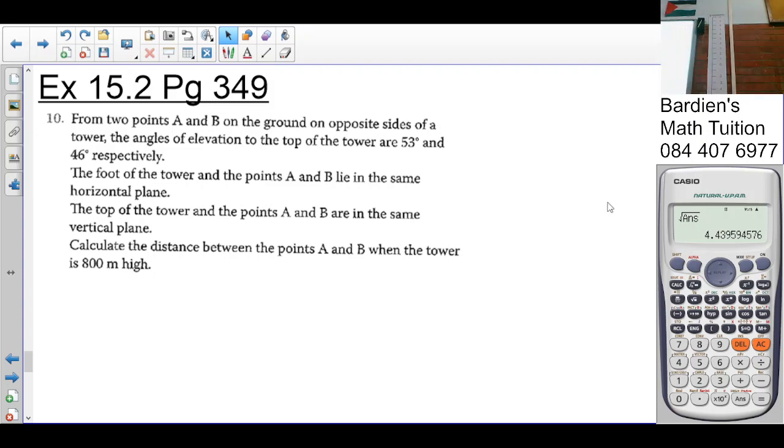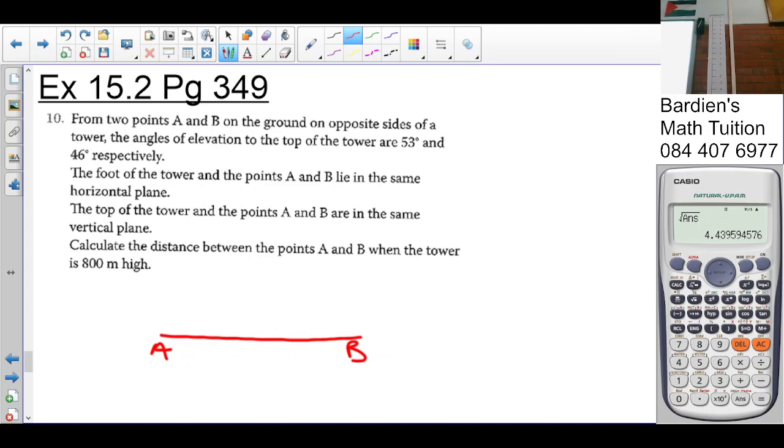Okay, number 10, we are told that 2 points A and B on the ground, on the opposite sides of a tower. So we have points A and B, and the ground here.